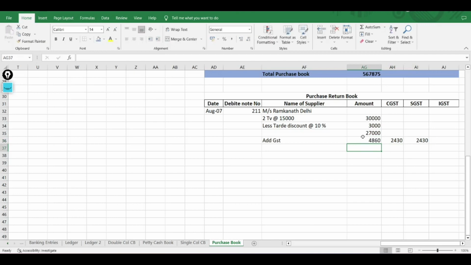Let us add the amount, that is 31,860. Total of purchase return value of 31,860 was returned back to the supplier Ramkant, Delhi.